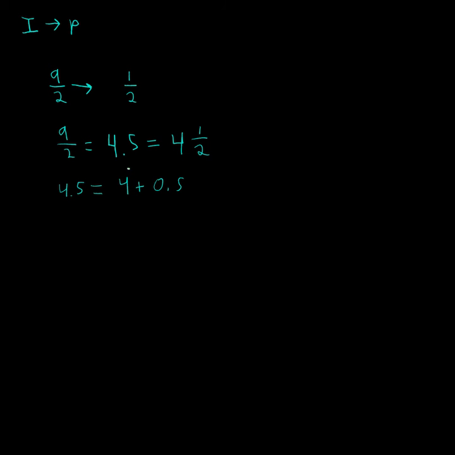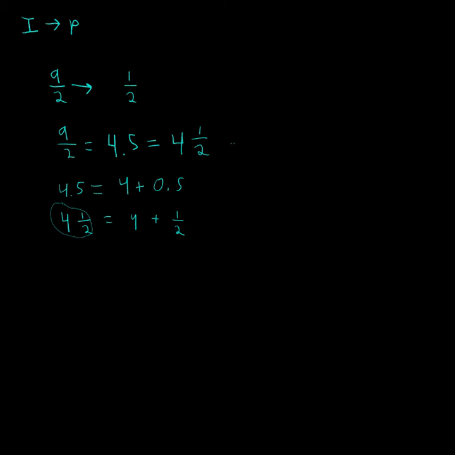We have a similar kind of idea going on here. 4 and 1/2 is the same as 4 plus 1/2. Make sure you don't multiply these out. That would give you a wrong value most, if not all of the time. Okay, so this is a way that we can write an improper fraction as a number that contains only proper fractions.